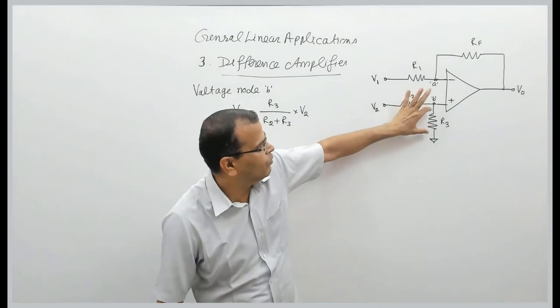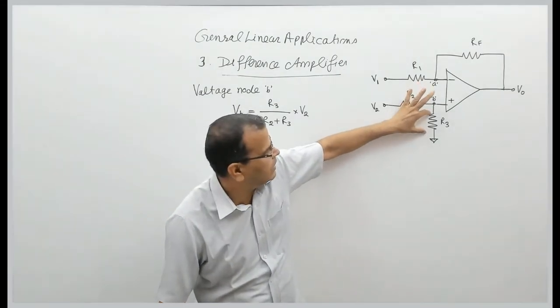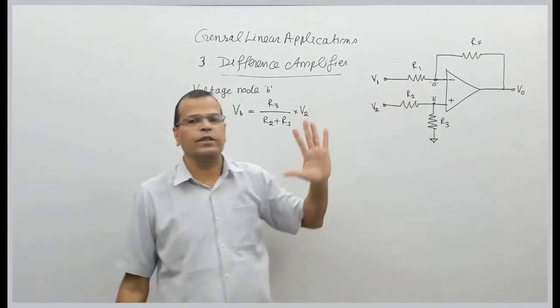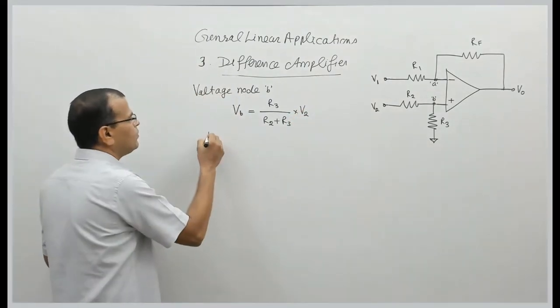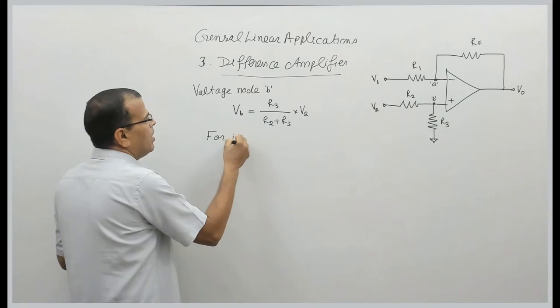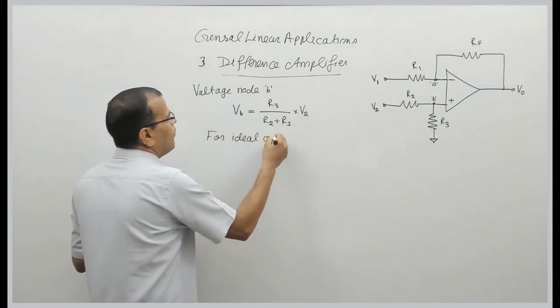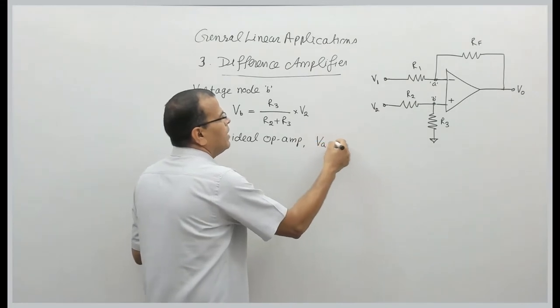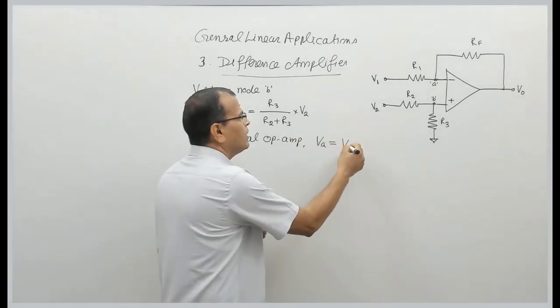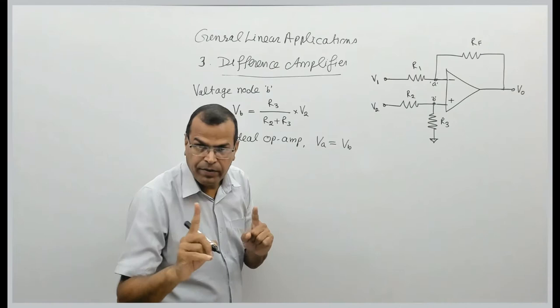The voltage across this resistance is this resistance divided by the sum of the two, into this. Fine. So we have obtained the voltage at node B. Now for an ideal op-amp, we have already seen the voltage at the inverting terminal is the same as the voltage at the non-inverting terminal.